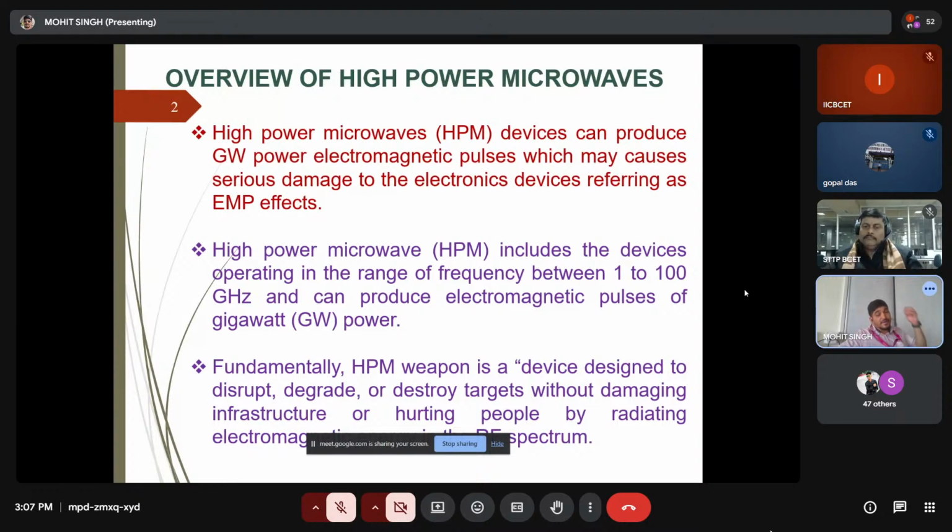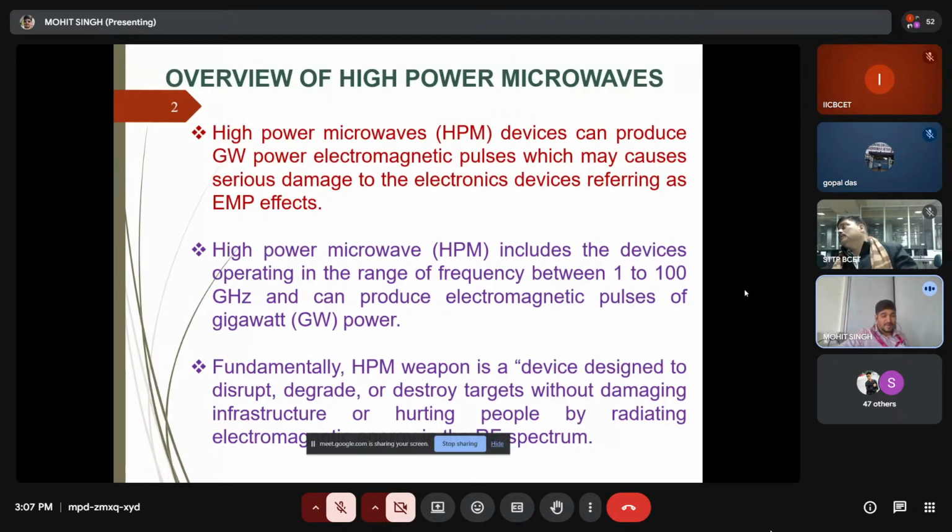Recently we have seen, I think in May 2025 during Operation Sindoor, when Pakistan attacked India through drones, we were able to neutralize their drones with the help of HPM devices.